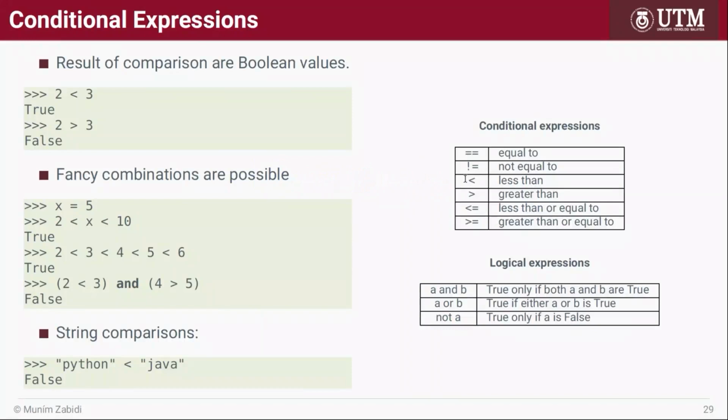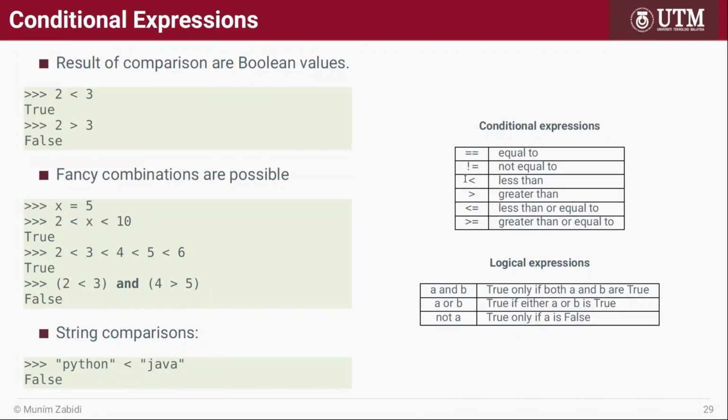Okay, so the next topic is on flow control. When we compare things, numbers or variables, we will get booleans, and I think I've shown it just now. We can combine the comparisons, and so we can use the keywords and, or, and not to modify the comparisons.